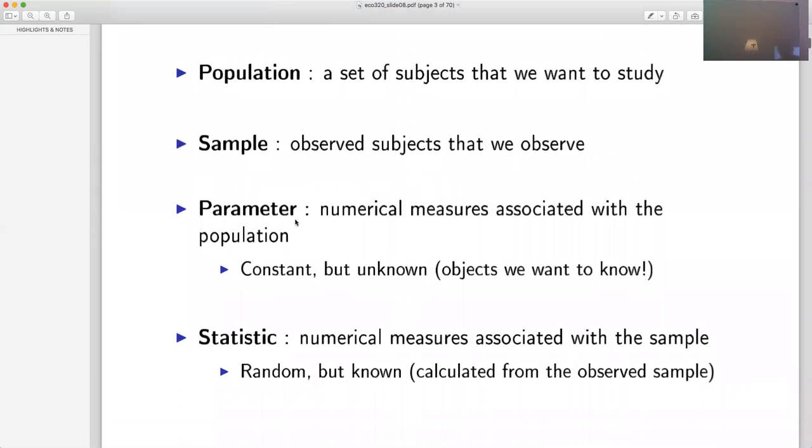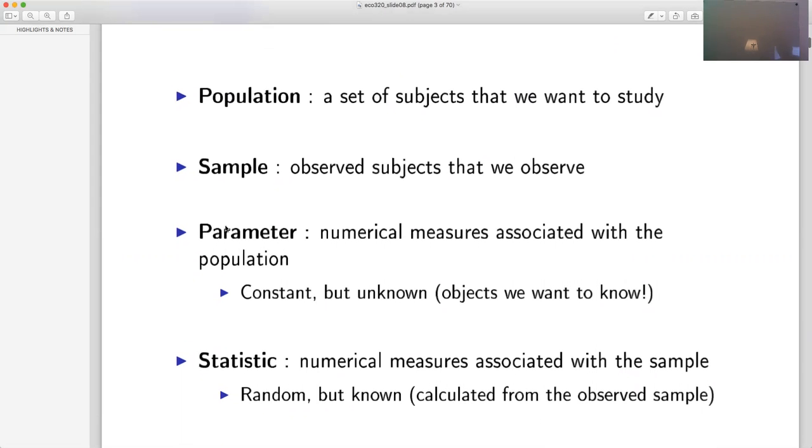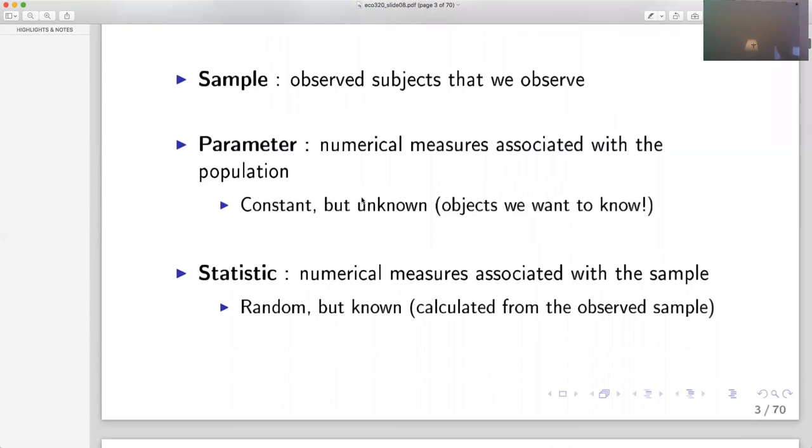The parameter is the numerical measure associated with the population. It's constant but unknown. For example, the actual unemployment rate of people who live in the US is an actual parameter. It's constant, fixed, whatever number, but it's not known because we never ask everyone.